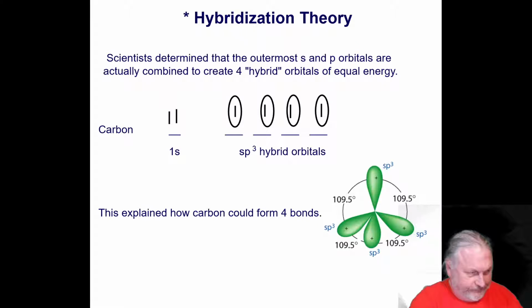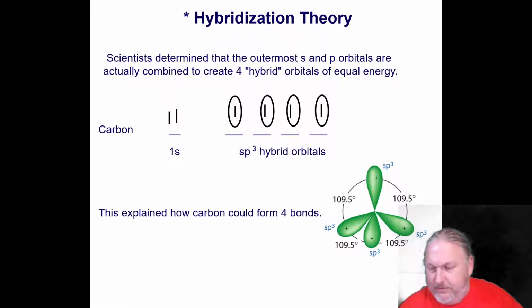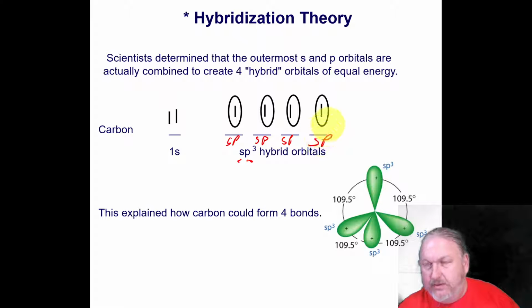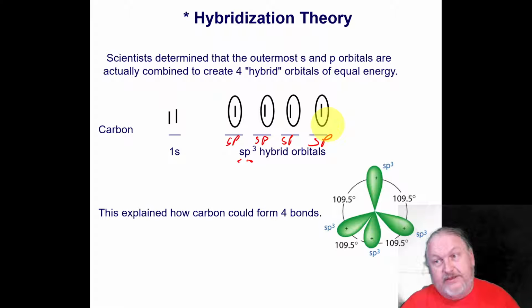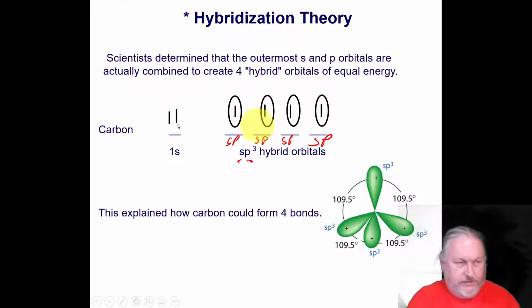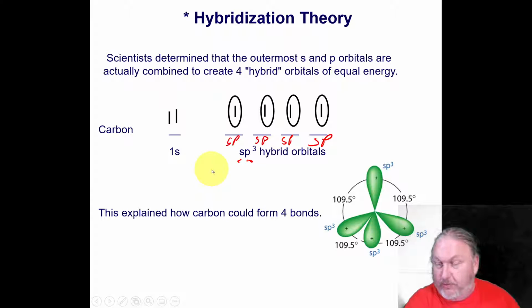You've got 1 s, 3 p's for 4 total orbitals. So this would be an sp, sp, sp, sp. Now, this explains how carbon can have 4 bonds. So again, we look at the known evidence and try to explain what we see. That's what we do in science.